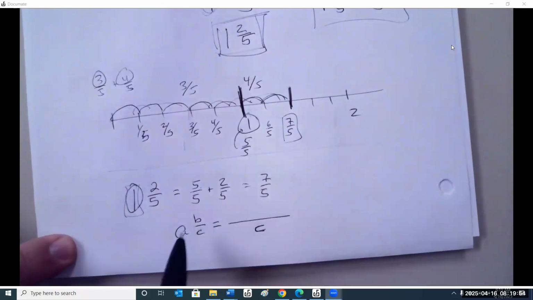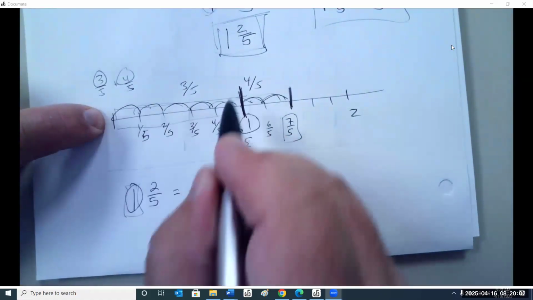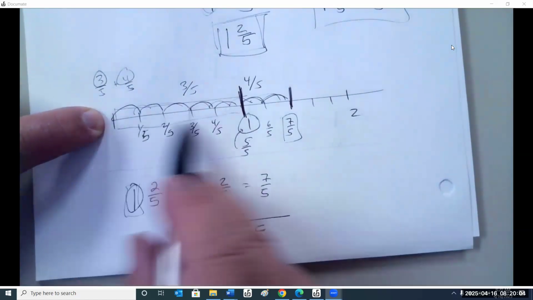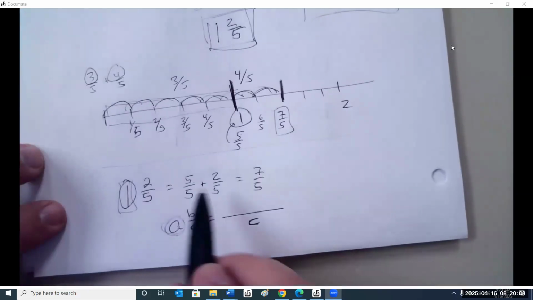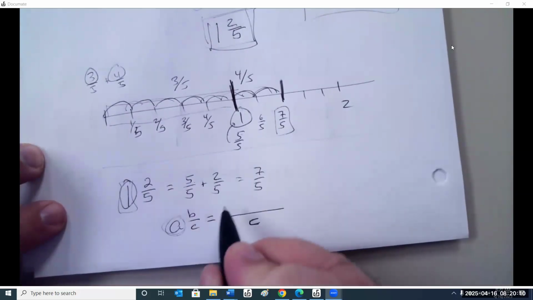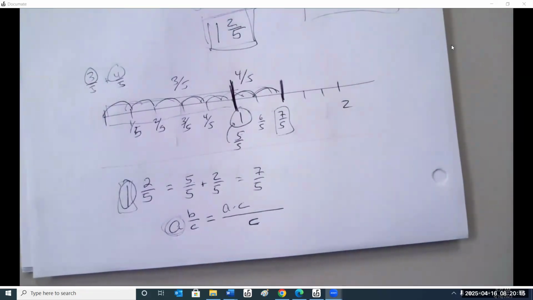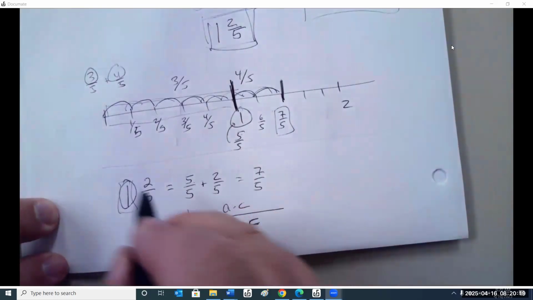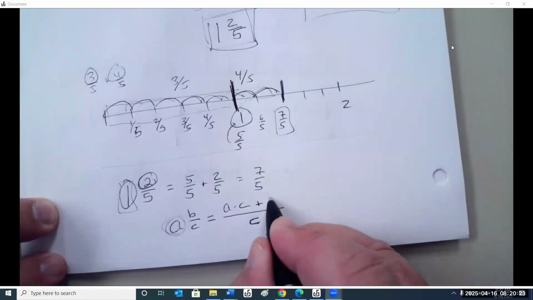The top number, since this is a whole number, a whole number is how many of these boxes did we cover? How many of these boxes did we cover? So we take 1 times 5. So it's A times C. That tells you how many boxes we covered, how many full boxes. This is the leftover ones. That's the smaller ones. Then we add those as a remainder.